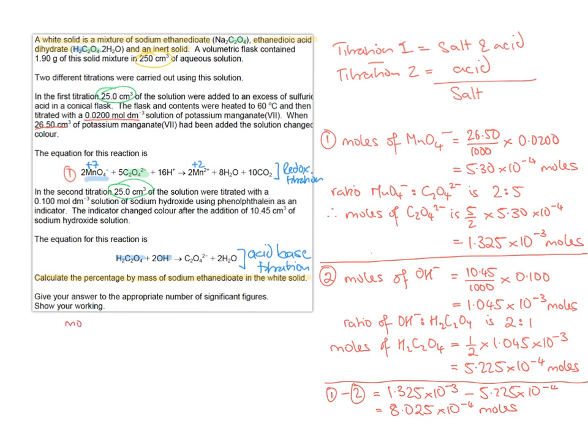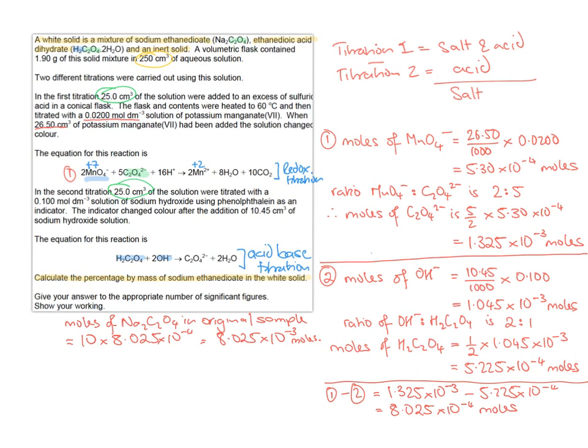So moles of Na2C2O4 in original sample is equal to 10 times, because it was in 250 centimeters cubed and we only titrated 25 centimeters cubed, times the value that we just worked out, equals 8.025 times 10 to the minus 3 moles.